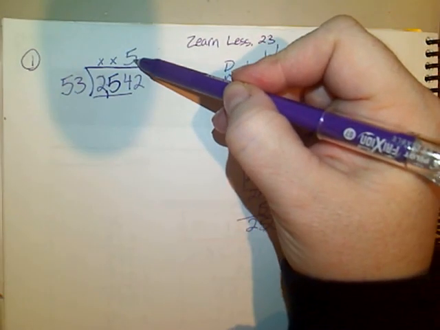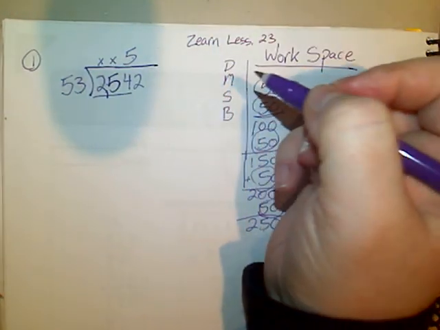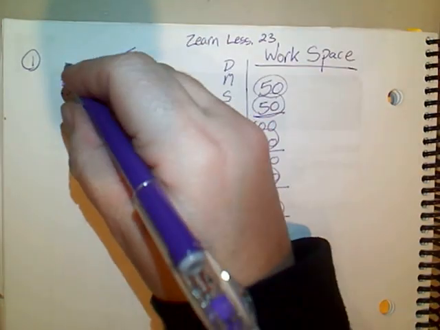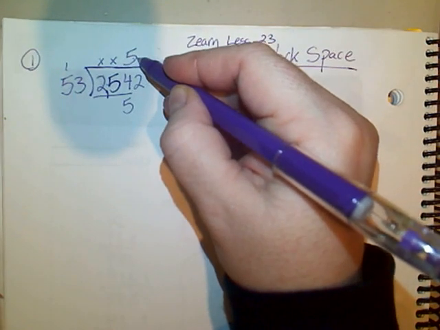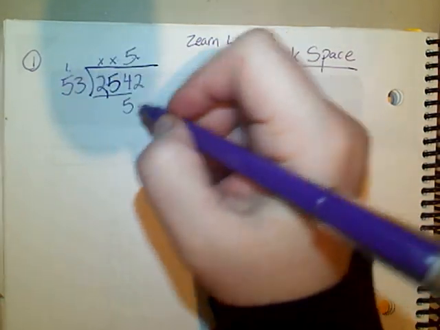Now I'm going to multiply. 5 times 3 is what? Carry my 1. What's 5 times 5? I know it's 25, but I have to add this 1 here.